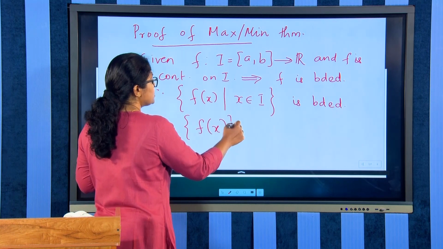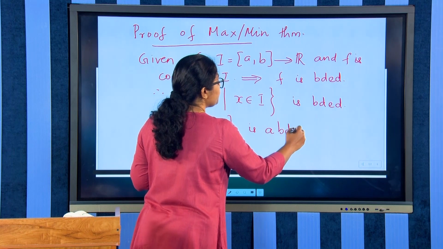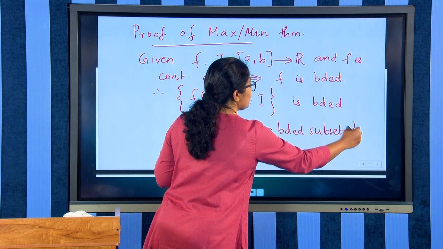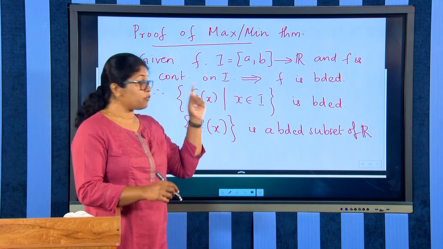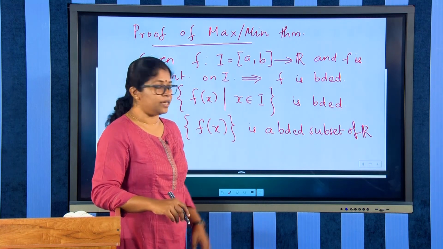So, now we have a bounded subset of R. The set f(I) is a bounded subset of R, which reminds us of something that we have studied earlier.